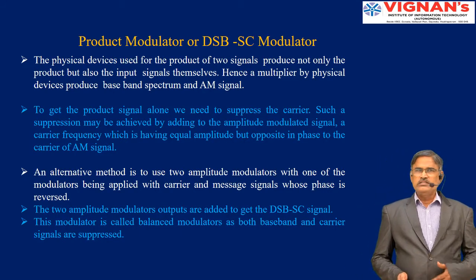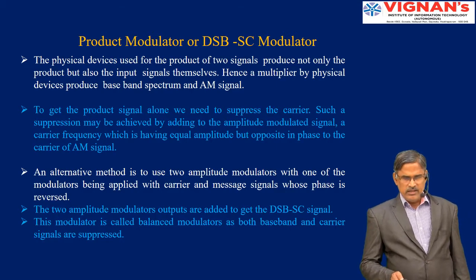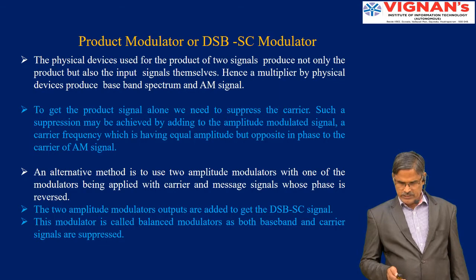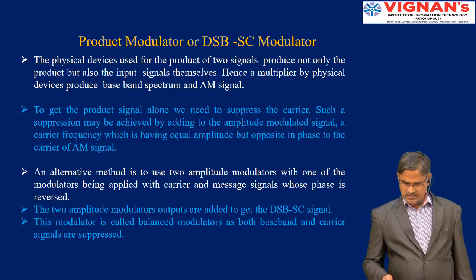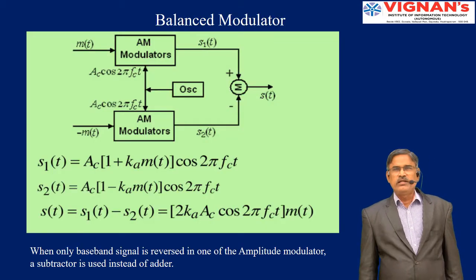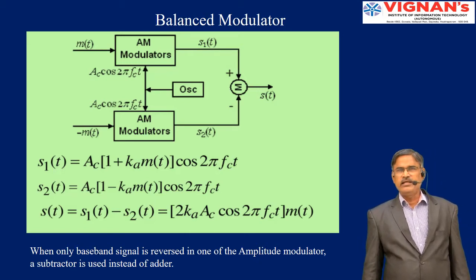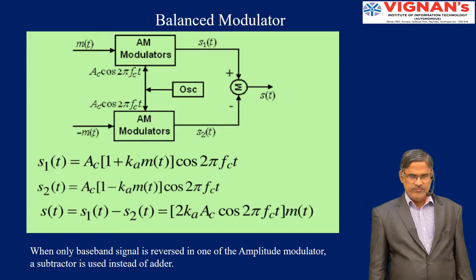Now we have to concentrate on the production, the generation of SSB and DSBSC signal. So here what you are seeing is a balanced modulator. This will generate the DSBSC waveform.